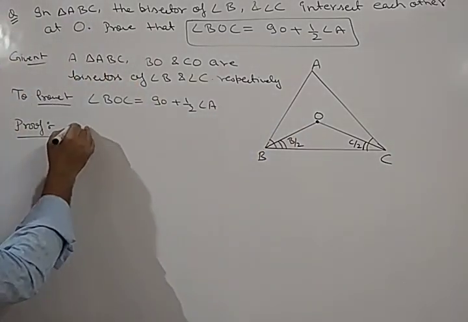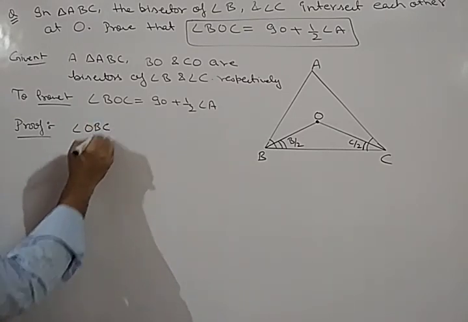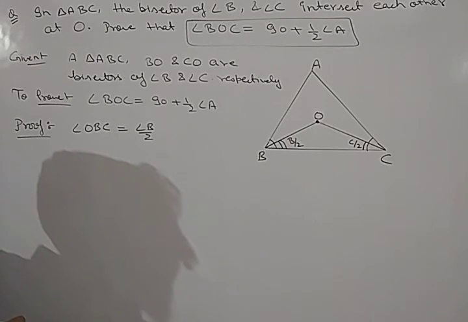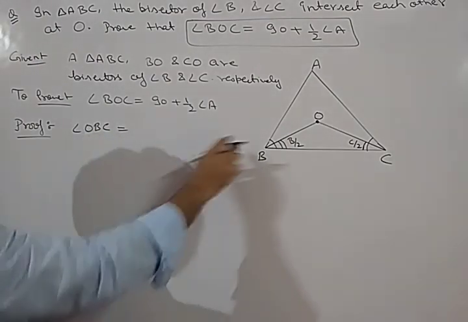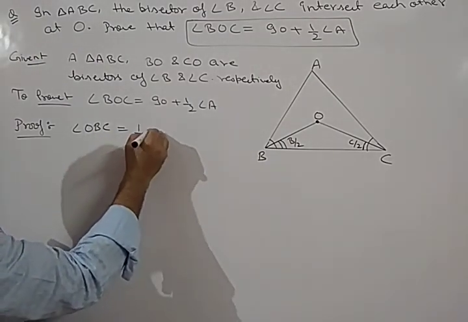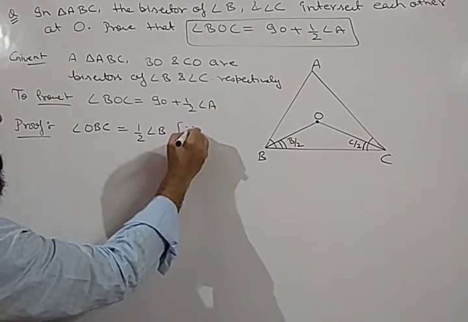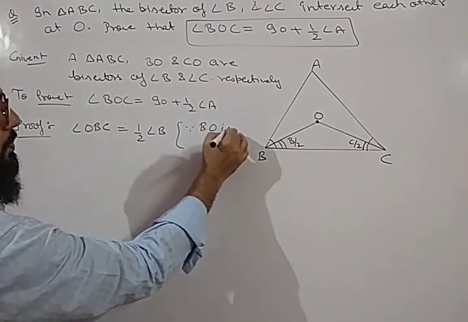What we will write? We will write angle OBC. It is equal to angle B by 2. Or first you can write it as angle OBC is equal to half of angle B. Okay, why? Because since BO is bisector.